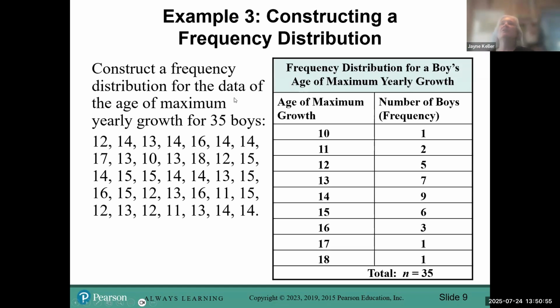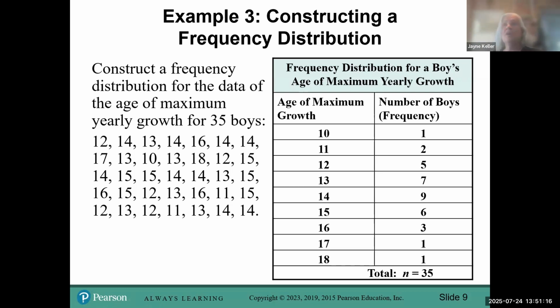Okay, the next thing that we're going to talk about is called a frequency distribution. So if I collect information, in this example, we're looking at the age of maximum growth for young men. We have collected data from 35 boys.